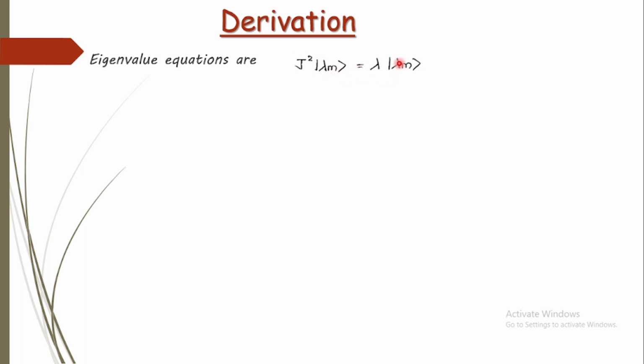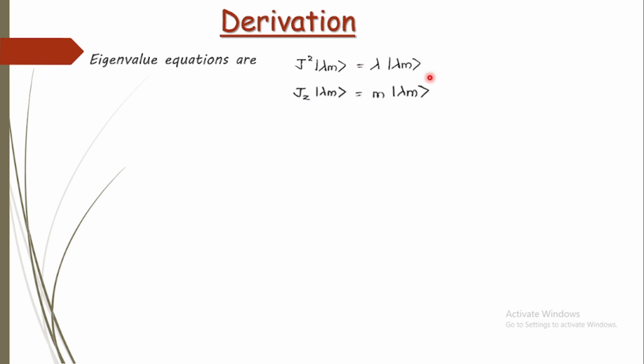If it generates the same wave function with a constant, then such an equation is called as eigenvalue equation, and the wave function is called as eigenfunction, and lambda, here that is a constant, is called as eigenvalue. So we need to find out what actually this constant is going to be.